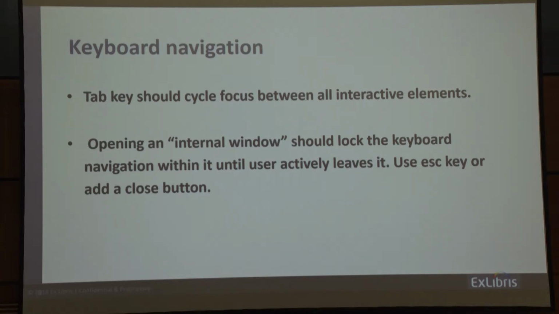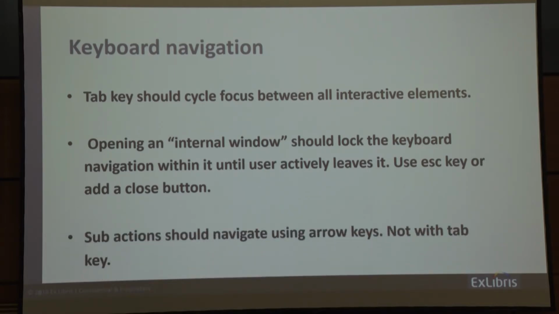If we're in a widget and the user hits tab, we don't want him to suddenly jump out of this widget and start going in the background, because obviously that's very confusing. We can use the escape key or add a close button. I don't have time, I wanted to show you some of those, but yep.